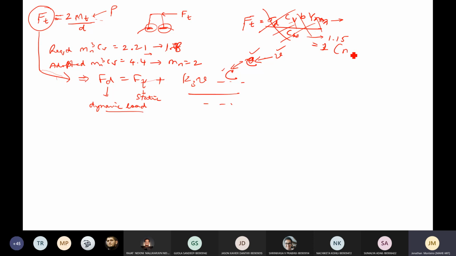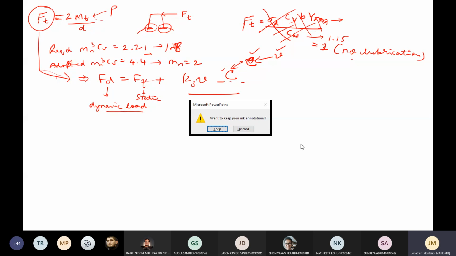When it is equal to 1 means there is no lubrication. When it is equal to 1 means that does not exist. Something that is added along with the lubrication, this Ft value will start to come down. But of course, when there is no lubrication, Ft value will be the highest one, the optimum one. Okay, fine. I think that has cleared some of your doubt.